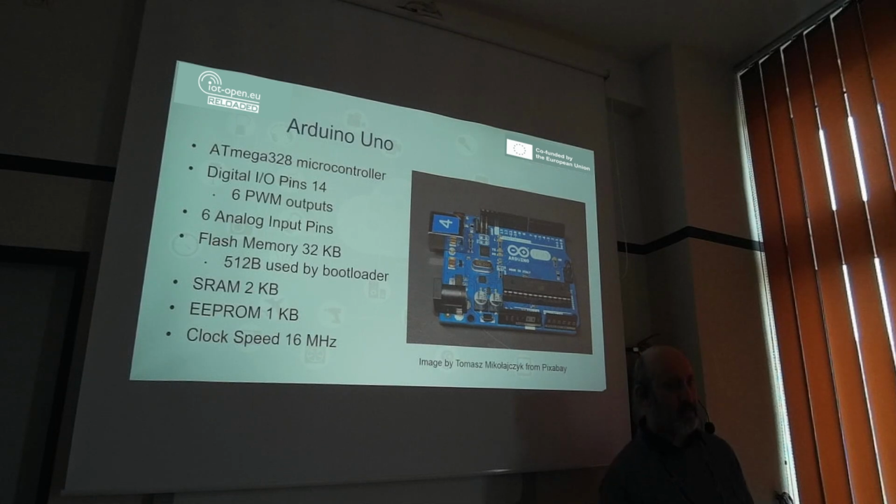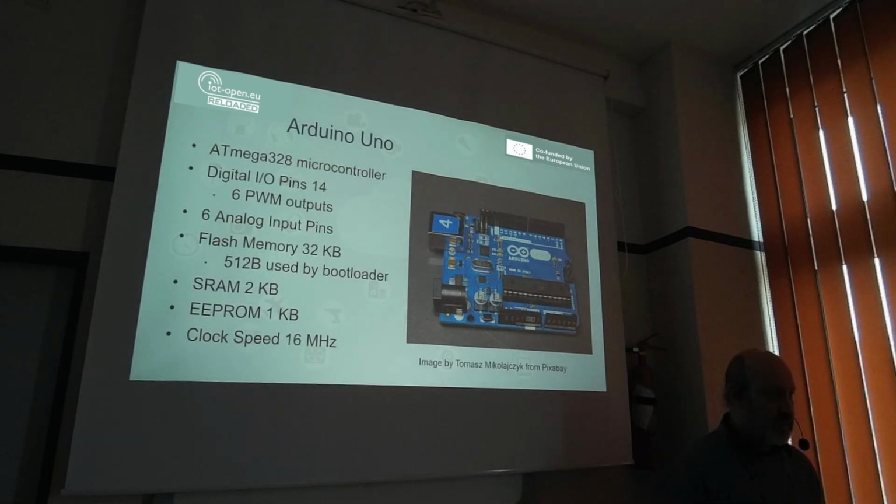But a few details about this Arduino. It is based on the Atmega microcontroller, so the series of AVRs, the specific model Atmega 328. This 32 means how much memory it has built in. So it has 32 kilobytes of flash memory for the program.